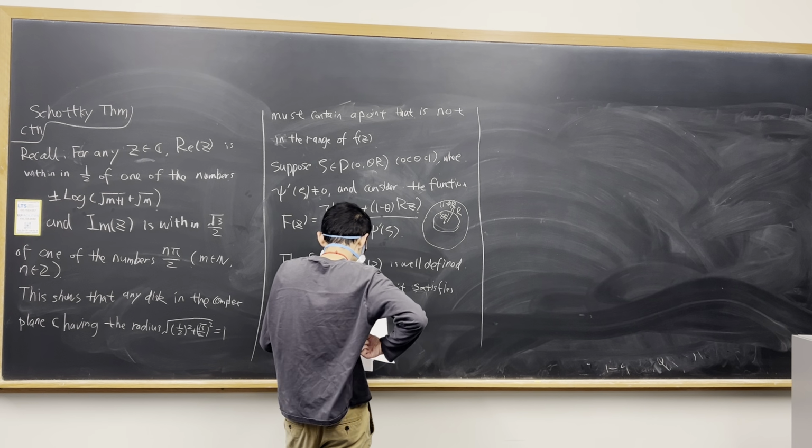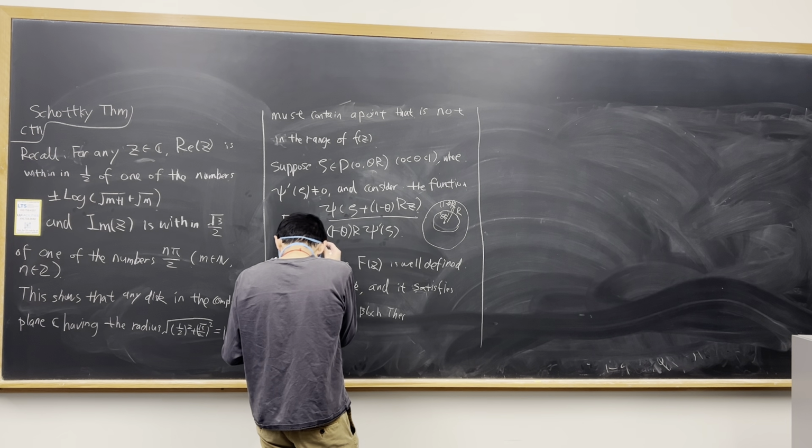Oh, I see. Okay. So for the Bloch theorem, you said this f is analytic in the unit disk, and then satisfies f prime 0 equal to 1.